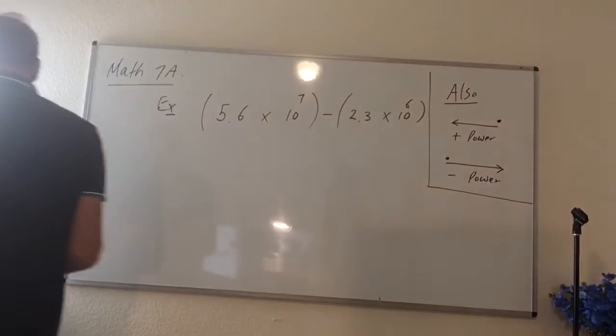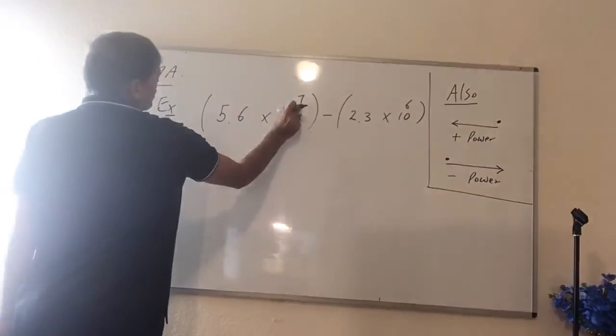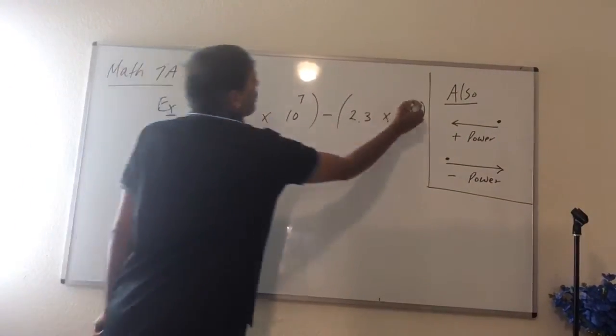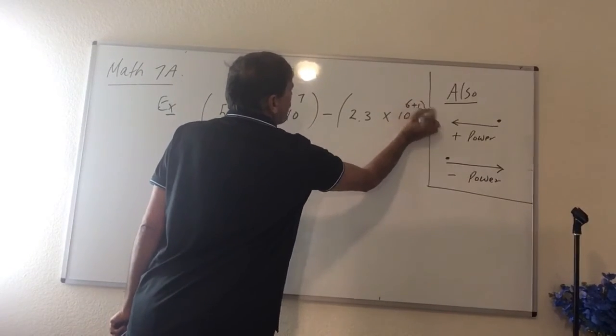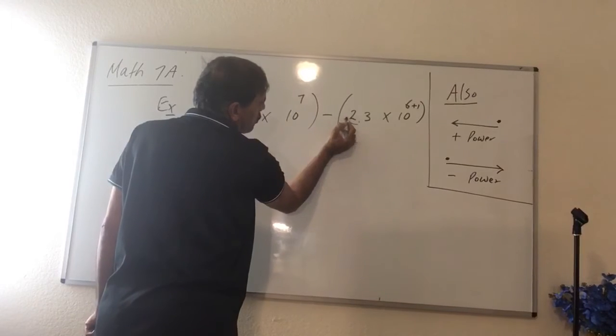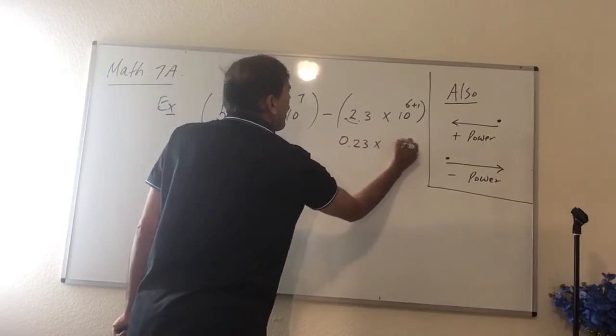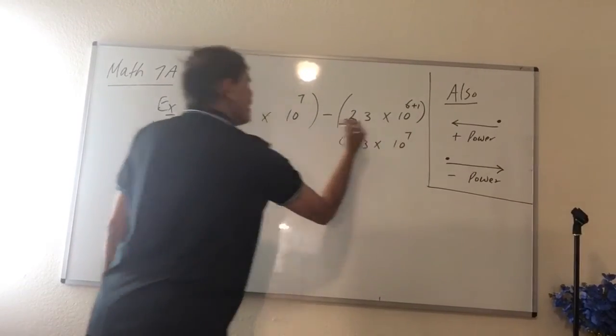Next one we can do 2. Okay, so now we're going to subtract. The rule is the same. When you add or subtract, the base is 10, but at the same time they must have the same powers. So we always keep the biggest power, 7. Now 6 plus 1 is 7, exactly the same way. This decimal is going to go 1 place value this way. Let's fix it. So this one becomes 0.23 times 10 to the power 7. It is fixed.